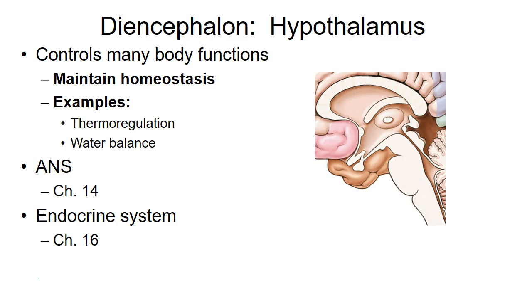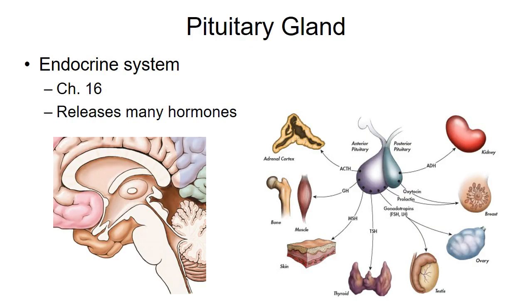So thermal regulation, and also electrolyte balance, water balance. There are some important aspects for maintaining homeostasis that we find here in the hypothalamus. So those are the two major take-homes, one for the thalamus, one for the hypothalamus.